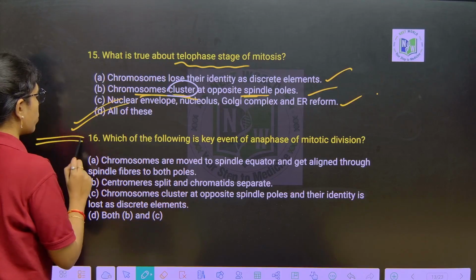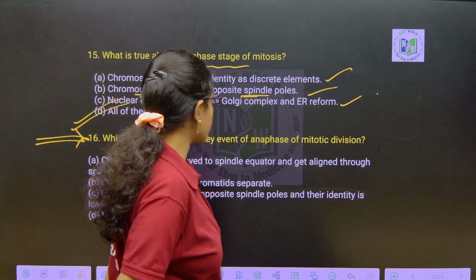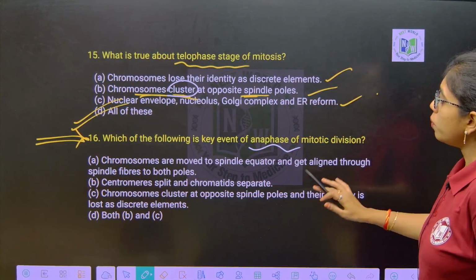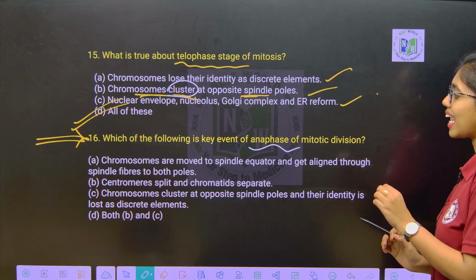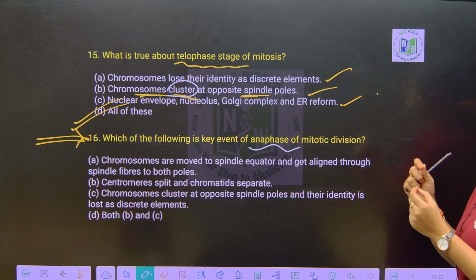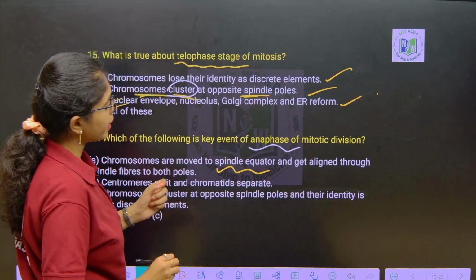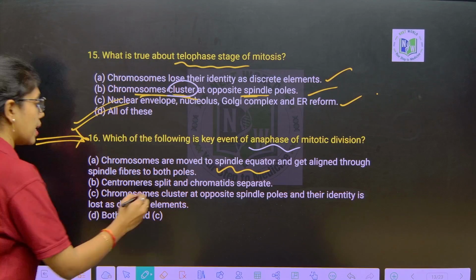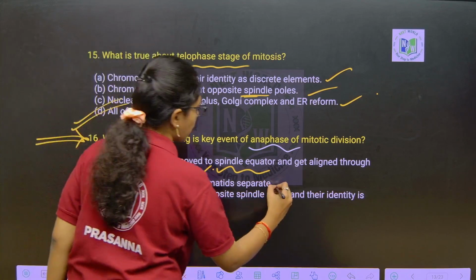Which of the following is a key event of anaphase of mitotic division? Chromosomes are moved to the spindle equator and get aligned to the spindle fibers to both poles. Centromeres split and chromatids separate, correct.